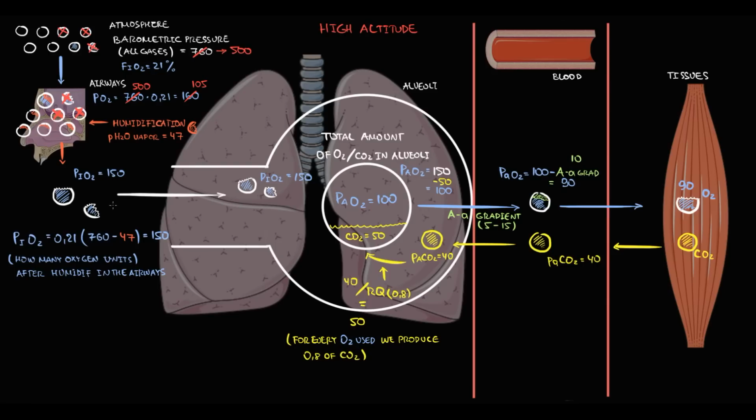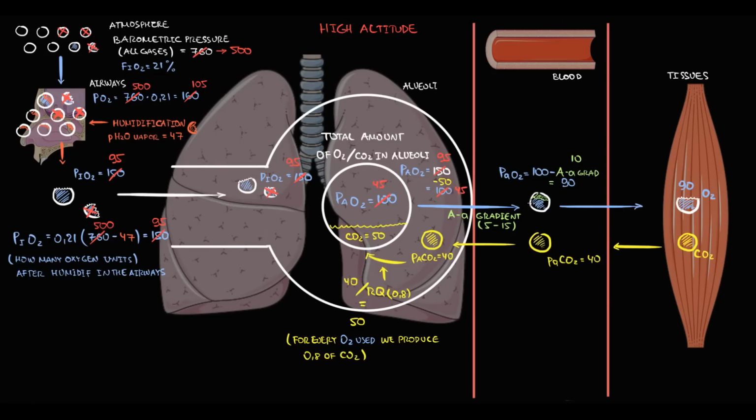And after humidification, the actual amount of oxygen decreases even more. So in this case, pressure of inspired oxygen will be 95 instead of 150. Because of this, we have a smaller room for oxygen. And because in alveoli we already have 50 units of carbon dioxide, the space that can be taken by oxygen is just 45.